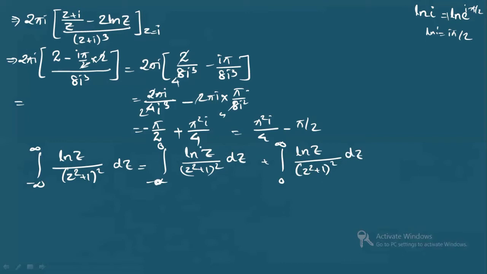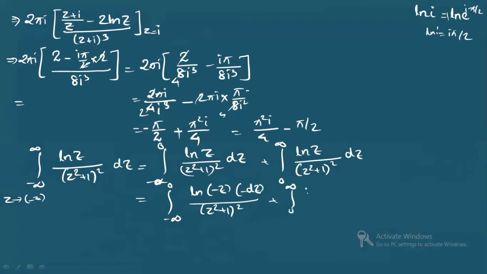All right, now you see here what you will do. You will write z as minus z, to change the limit. So you can write it as minus infinity to 0, I'm writing minus z, so this is ln(−z), this is minus dz. In the denominator, you will have (z² + 1)².